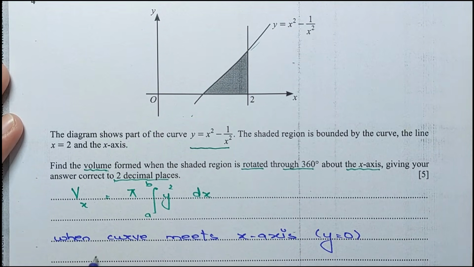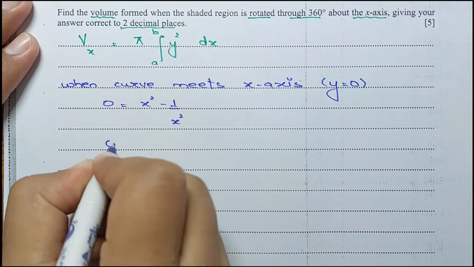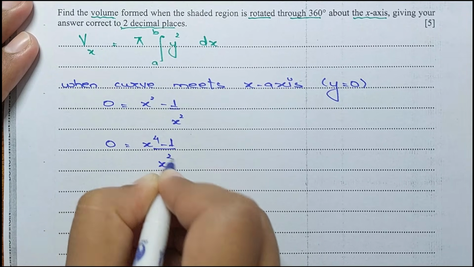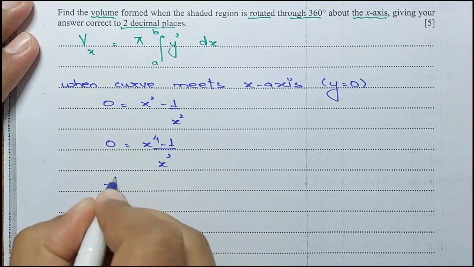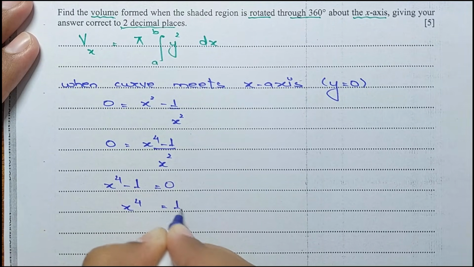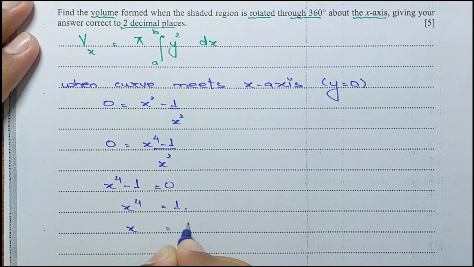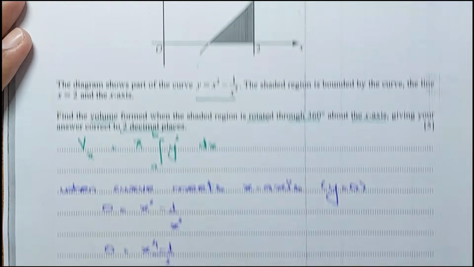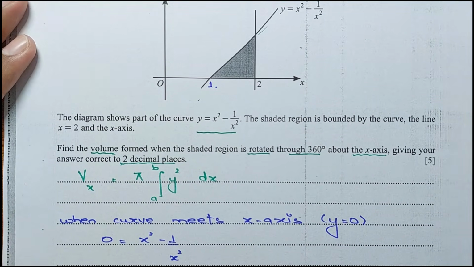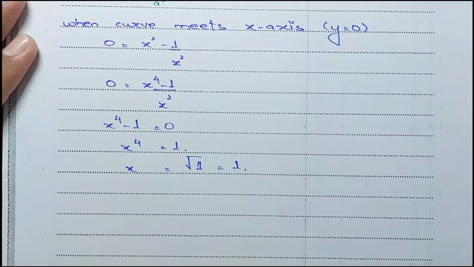And when y is 0, we have x squared minus 1 over x squared. Simplify, we have 0 equals x to the power 4 minus 1 over x squared. So x to the power 4 minus 1 equals 0. From here, x to the power 4 equals 1, and x is the 4th root of 1, which is just 1. So the x value is 1, and we have to integrate from 1 to 2.